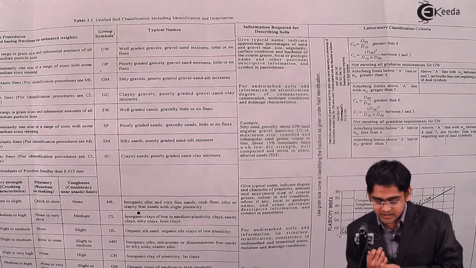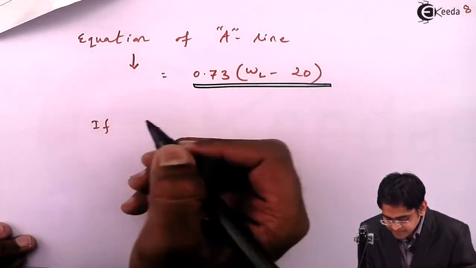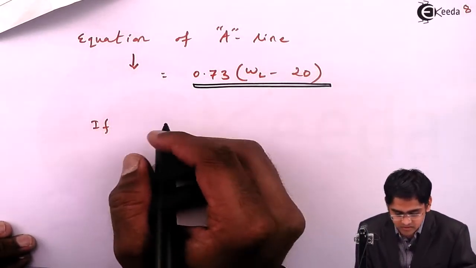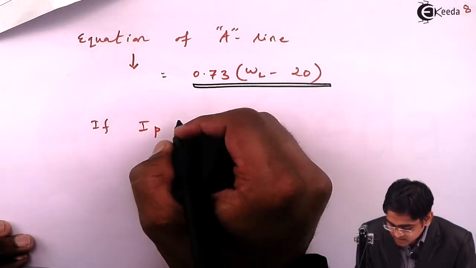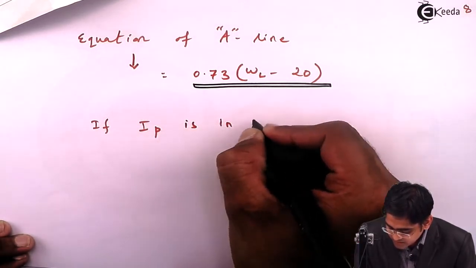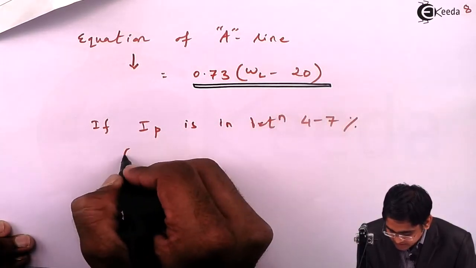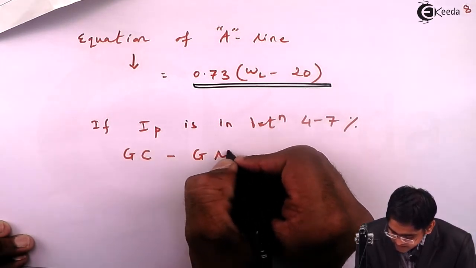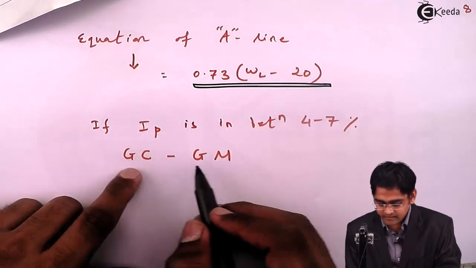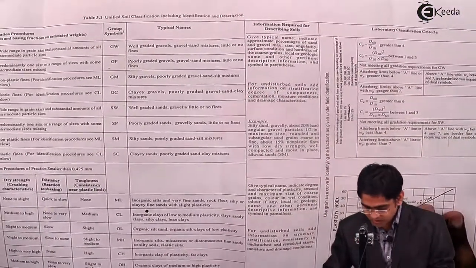Dual symbol means it is GC and GM, like GC and GM. So that means clay gravel as well as silty gravel. So that's what it means by the dual symbol.